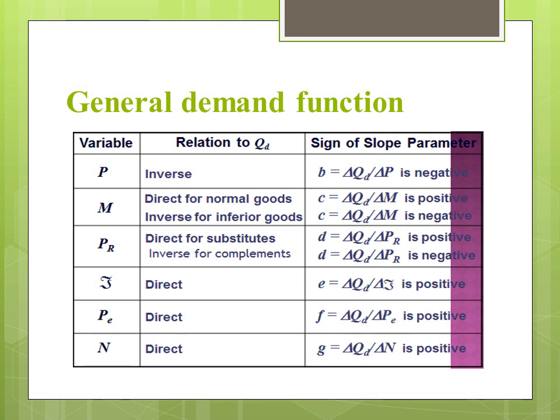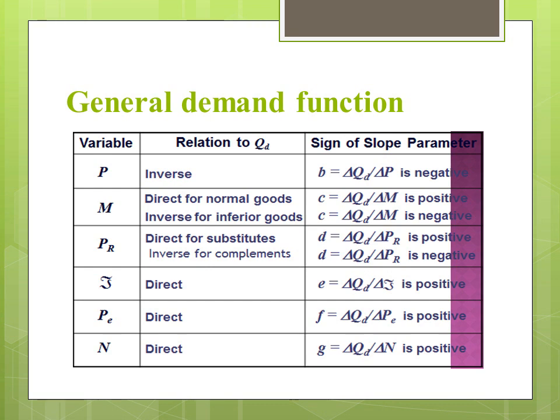So the relationship with normal goods is positive, because both move the same way, and the relationship between consumer income and inferior goods is negative. So C is the slope parameter, which is equal to change in quantity demand over change in consumer income.